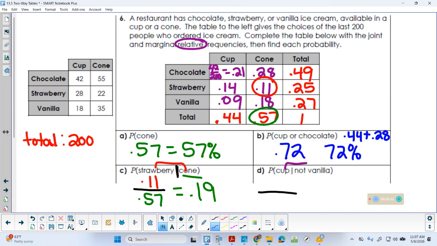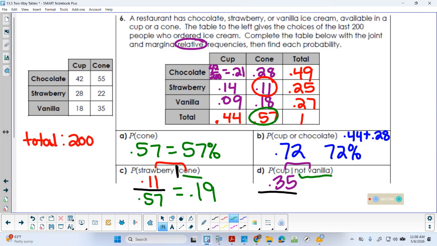All right, final one, and we have made it. Okay, cup and not vanilla. So that means you're looking at chocolate and strawberry in the cup. What do you get when you add those? 0.35. Okay, the bottom, probability not vanilla. Probably the easiest way to do it here, you could add a bunch of stuff if you wanted to, or you could subtract off the vanillas.